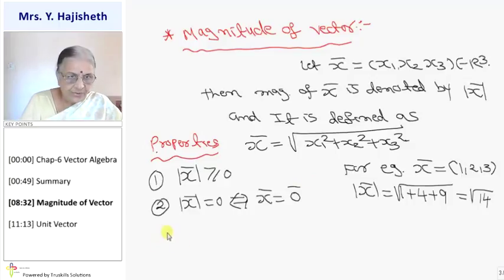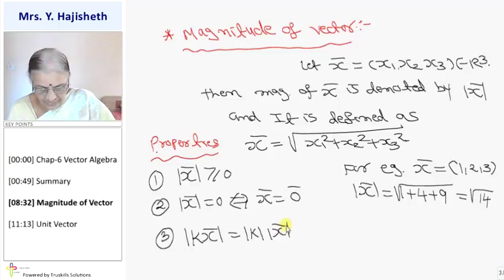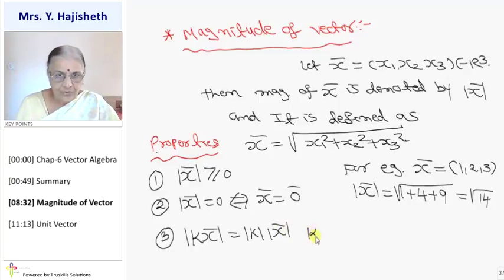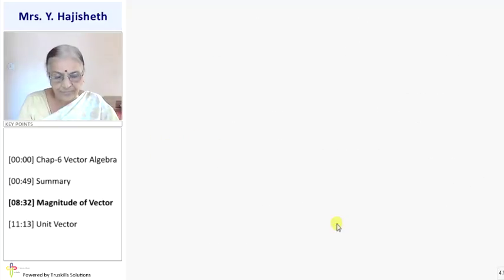Clear? And the third property says modulus of vector kx is modulus of k into modulus of x, where k belongs to R. So everything you have learned in 11 science, but they have again revised in 12 science. So we also revise.